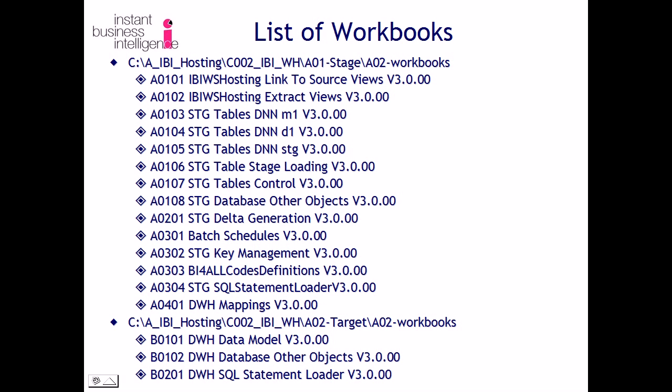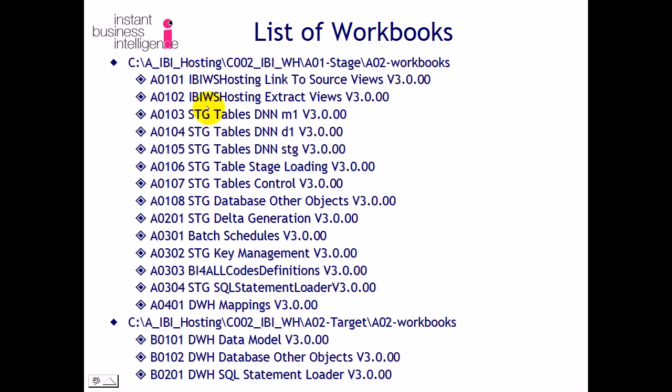There is a command in the commands directory for each workbook. So as you edit a workbook, you just double click on the command, you save it, you double click on the command, and it gets processed. So there's no more of the little 3-button application that we used to have.